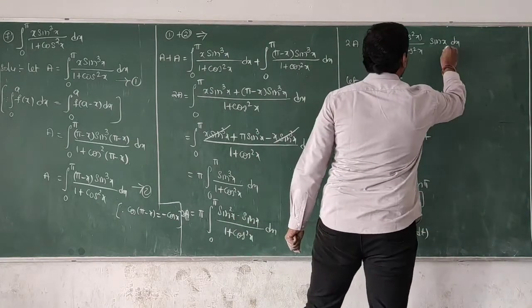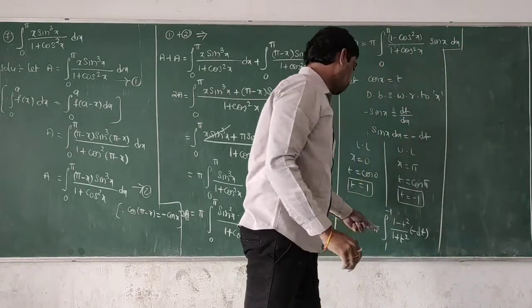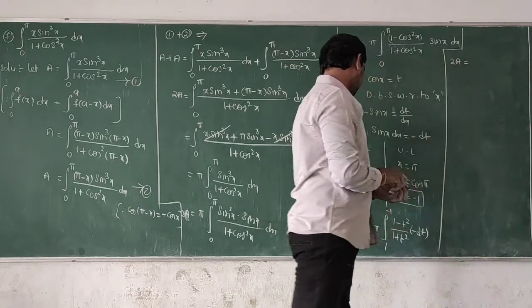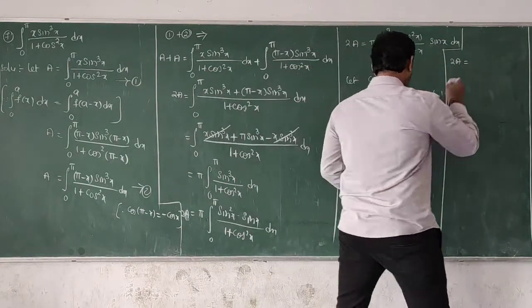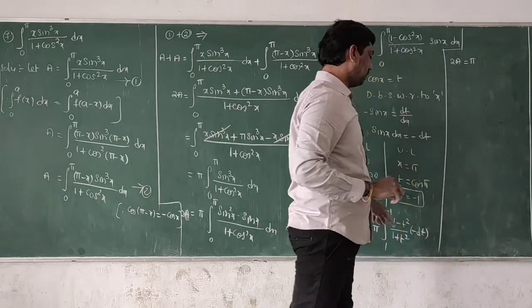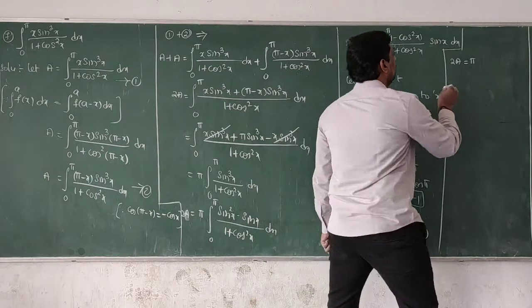Now we need to simplify this one. So 2a equal to pi into, here we have one formula. At the time of introduction I explained that formula. What is that?